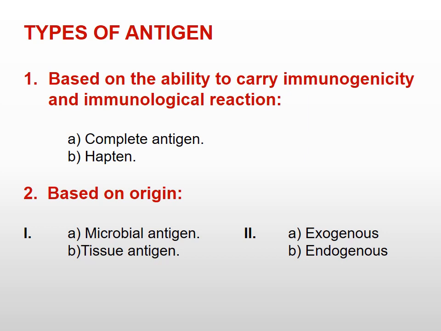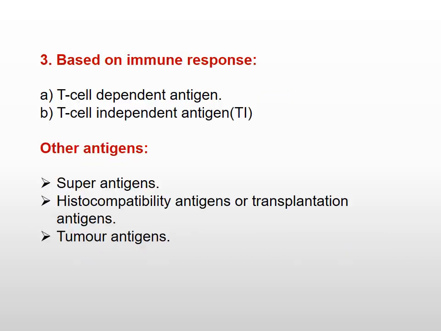Now, what are the types of antigen? The antigen can be classified based on certain categories. Number one is based on their ability to carry immunological reaction. Number two, based on their origin. And number three, based on the immune response they produce.